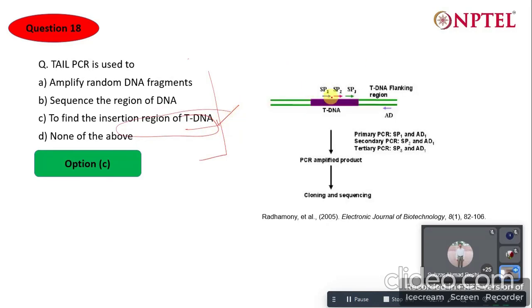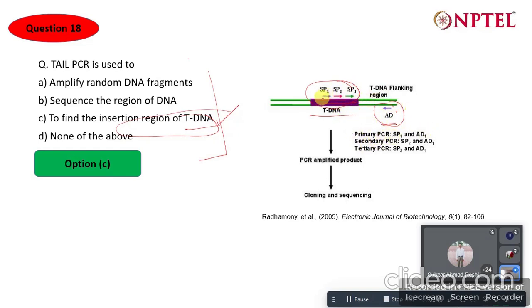And how is it done? We use a set of primers that are randomly placed in the tDNA region. These primers are not too specific, these are random primers, and one primer will be specific to a region that is outside the tDNA. We place all the primers and set up a PCR using these.